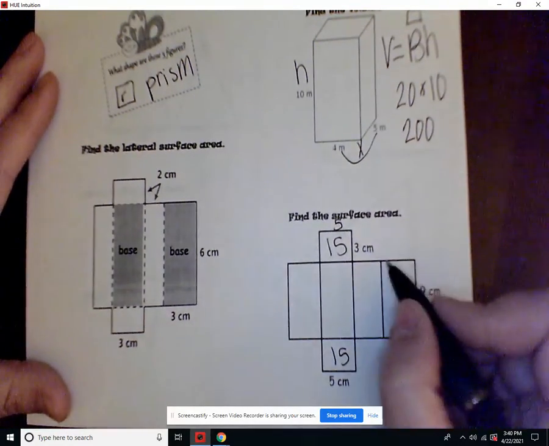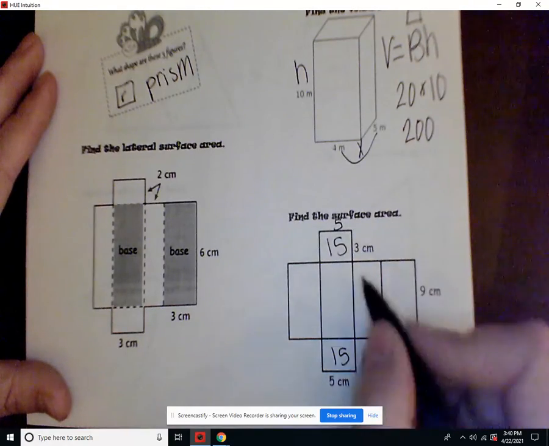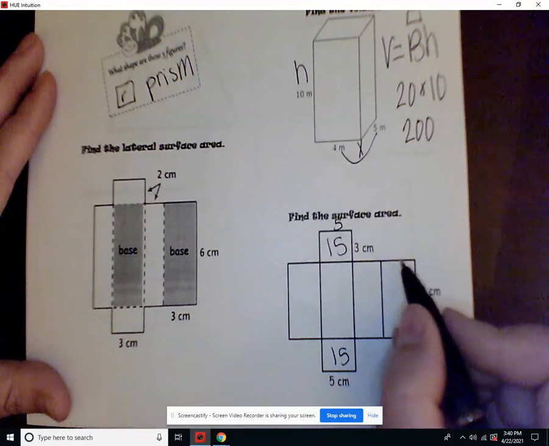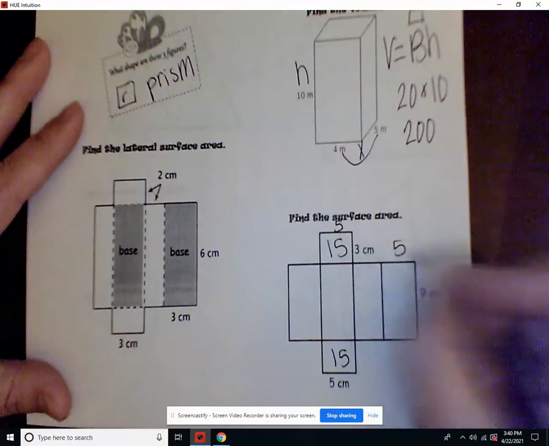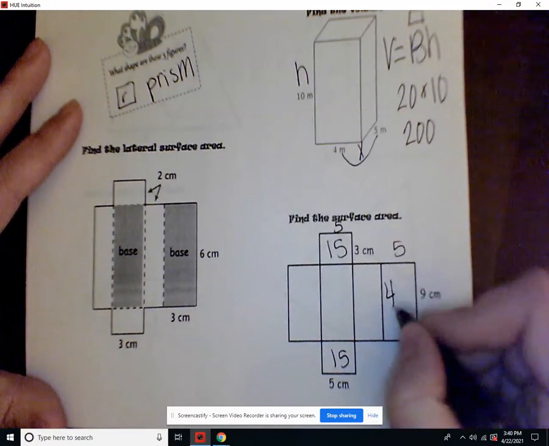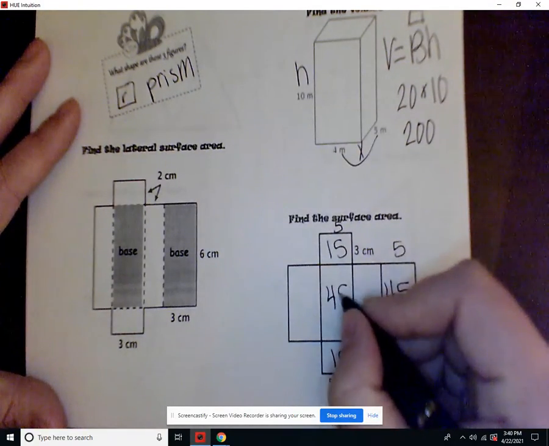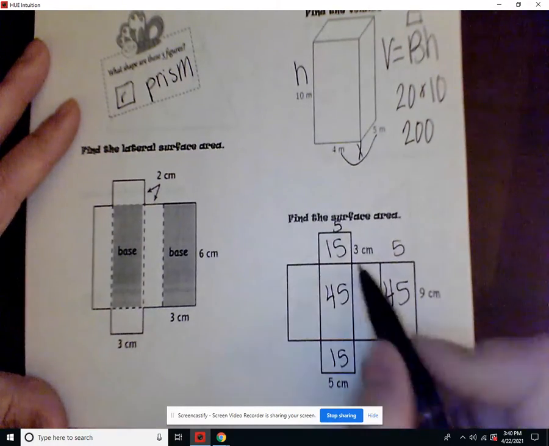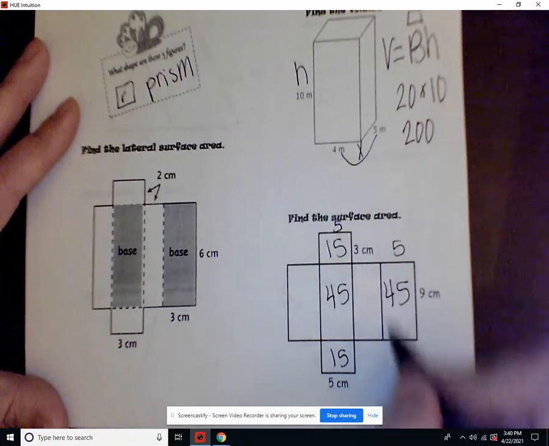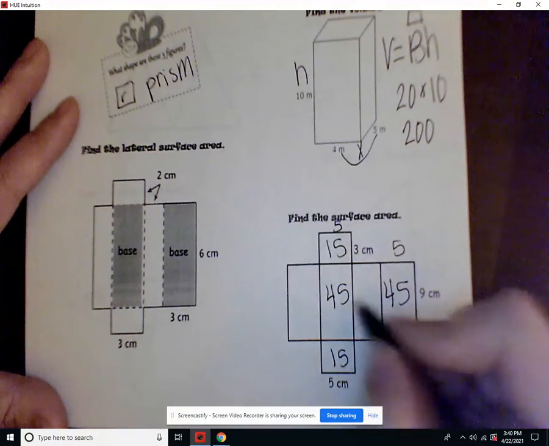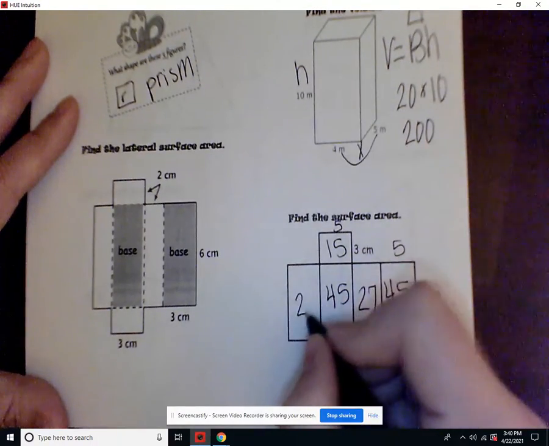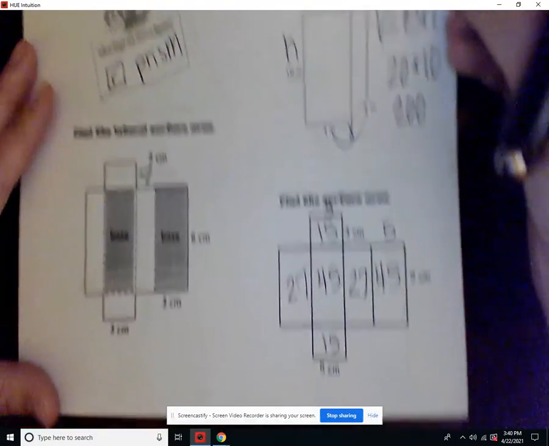So we need to know what is this side. Well, we know 3 is here, and these are not the same size, so it's going to be 5. So 5 times 9 is 45. We have 2 of those. And then we have 3. And then 9 is the long side, so we're going to multiply that, which is 27. And now we're going to add everything up.